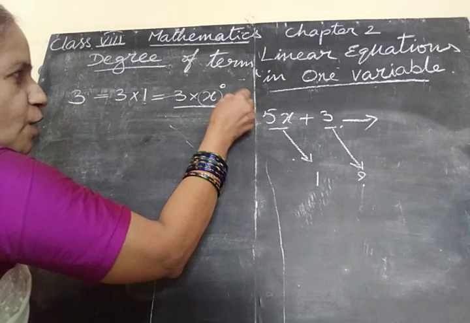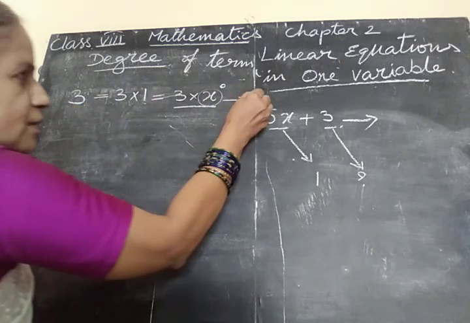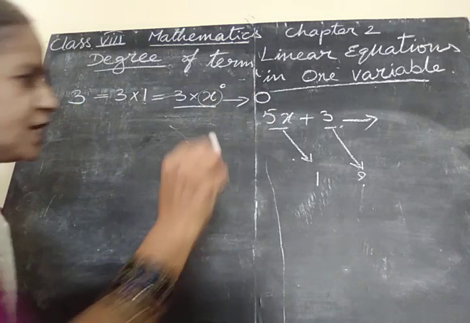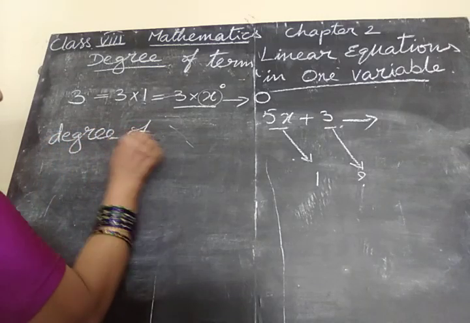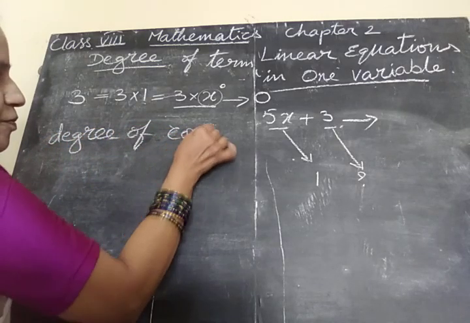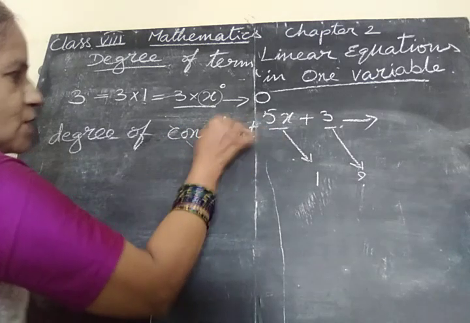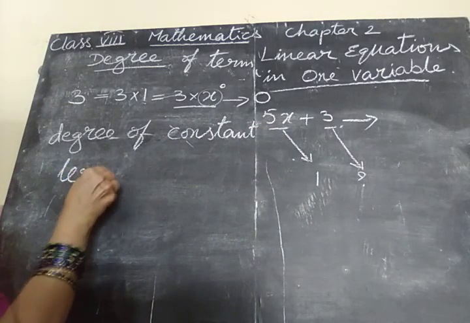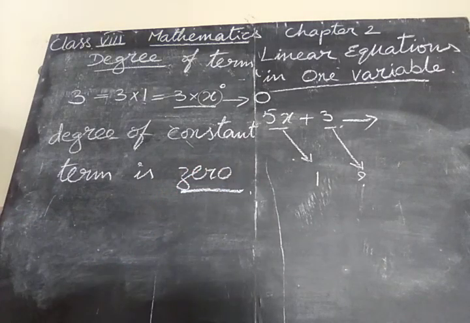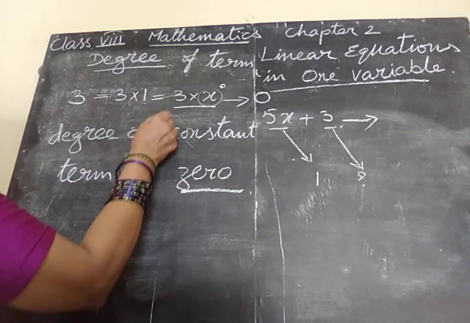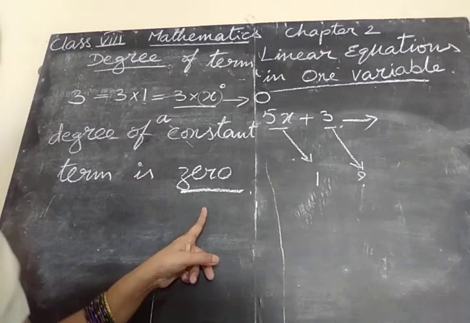So the degree of the term 3 is 0. Understood, children? The degree of a constant term is 0.